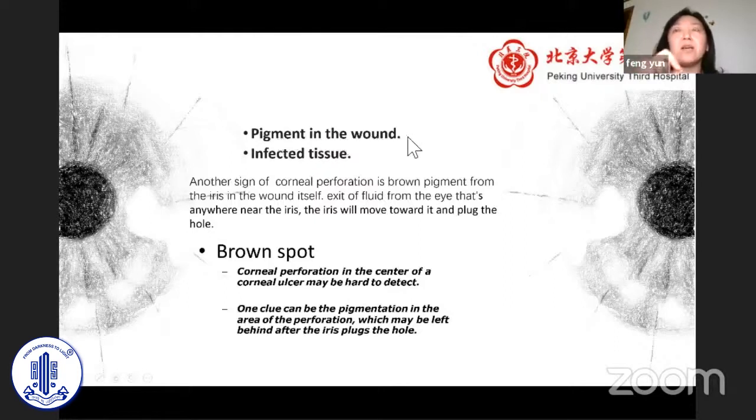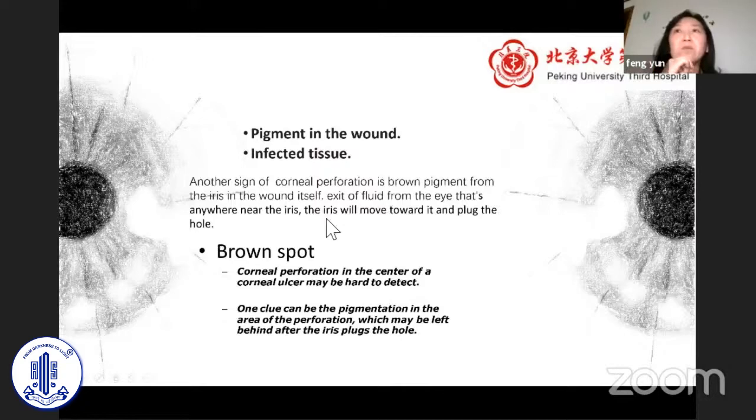It's just a little sign, but it is also evidence that they may have a microperforation, because the brown pigment from the iris in the wound itself sometimes exits with the fluid from the eye, and then the iris pigment is attached to the perforation and plugs the hole.